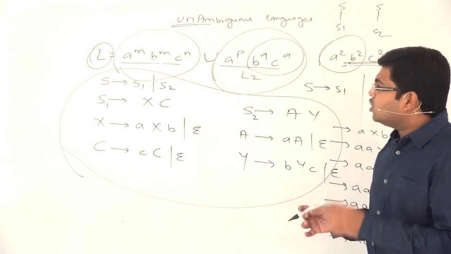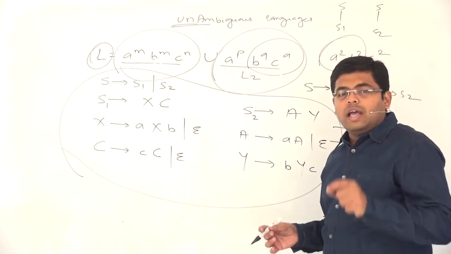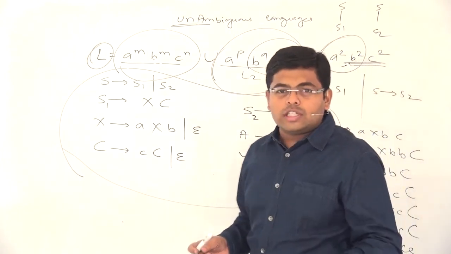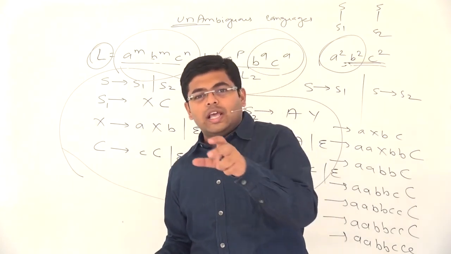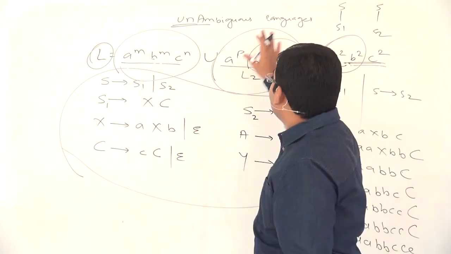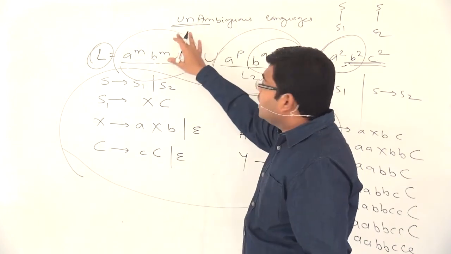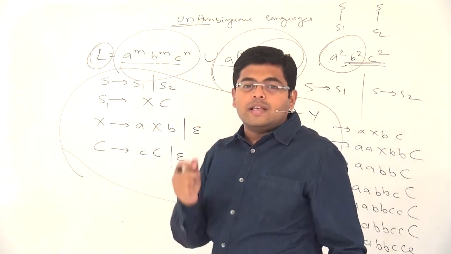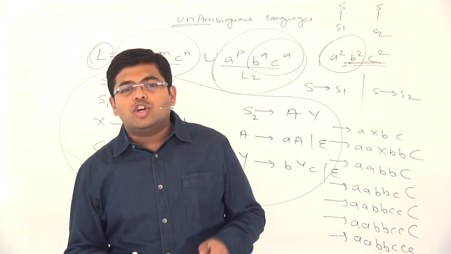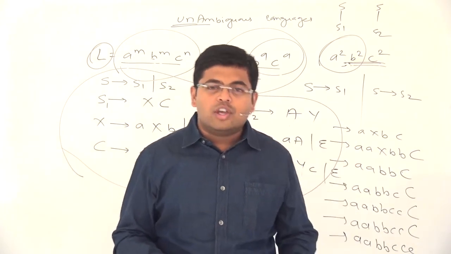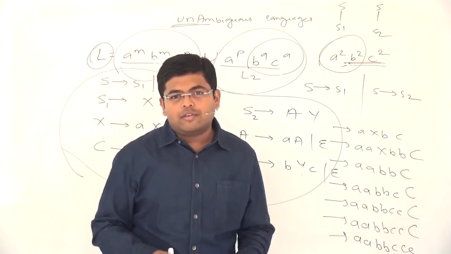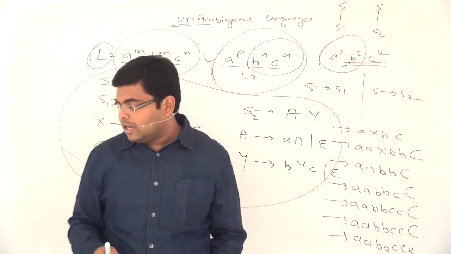The definition of an ambiguous language is a language for which an unambiguous grammar is not possible. Ambiguous languages are also called inherently ambiguous languages. Similarly, a language for which all possible grammars are ambiguous is called an ambiguous language or inherently ambiguous language.